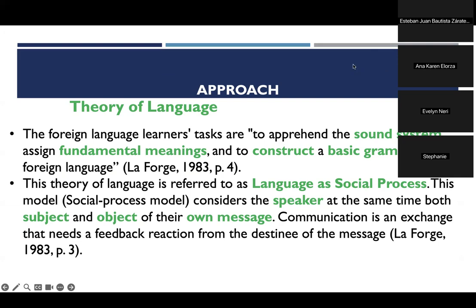So, for the community language learning approach, it's not going to be exclusively attention to grammar aspects, but also how those grammar aspects sound, and how with those grammar aspects you can transmit meaning. That's why this theory of language is also referred to as language as a social process.